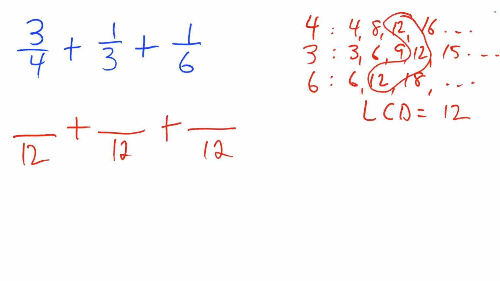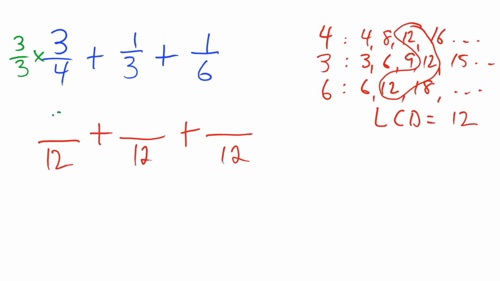Converting our fractions over to equivalent fractions with twelfths, we would have to multiply top and bottom of this fraction by 3 to get 9, top and bottom of this one by 4 to get 4/12, and top and bottom of this one by 2 to get 2/12.